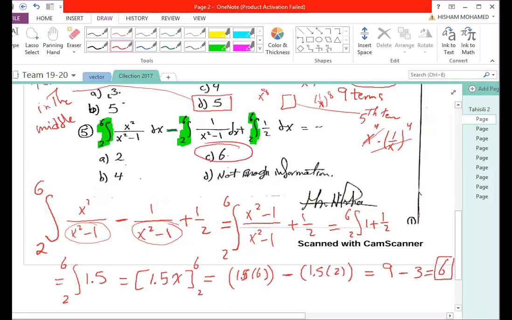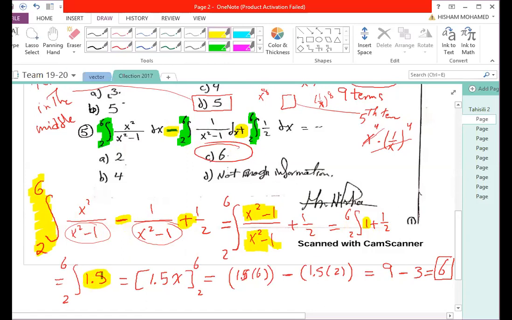Again, I have subtraction and addition, and the same limits of integration. So I put one integral outside and I start subtracting and adding the values. I have the same denominators, so I add the numerators. x squared over x squared gives me 1. 1 plus half is 1.5.